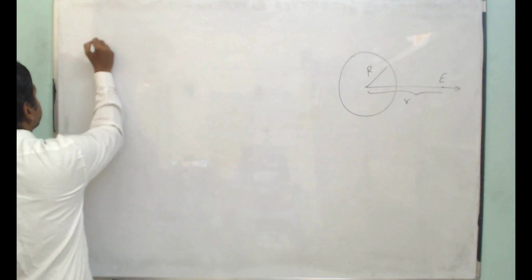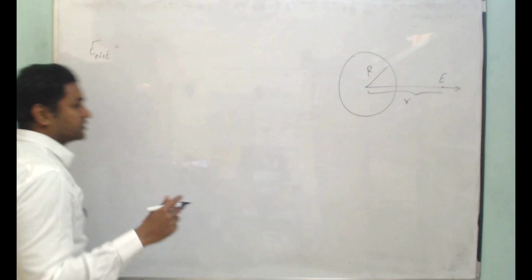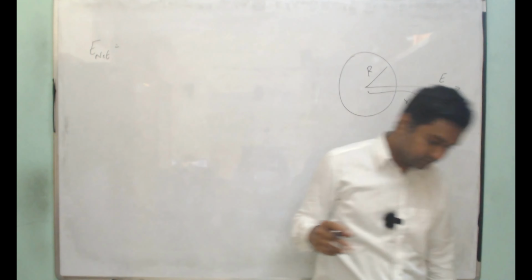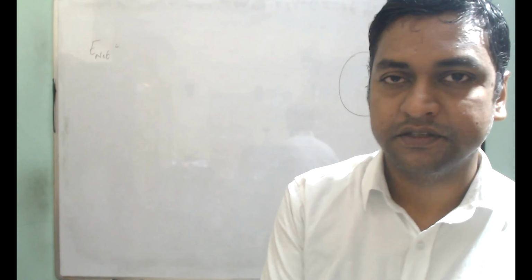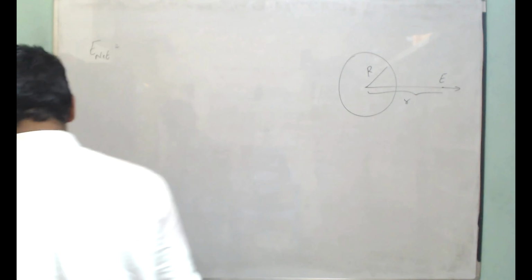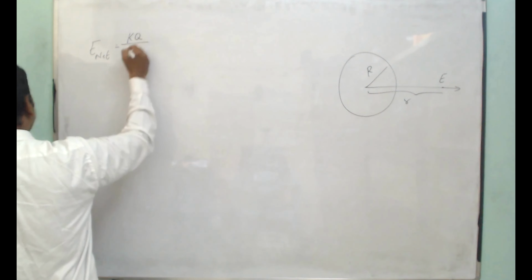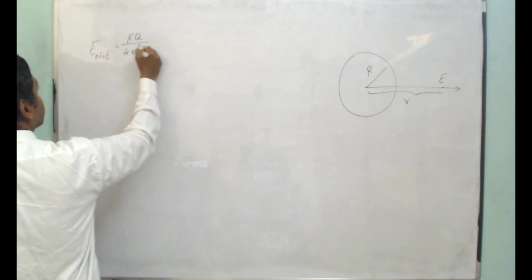After integration, outside the brackets we have E net is equal to KQ divided by 4 small r square into capital R.